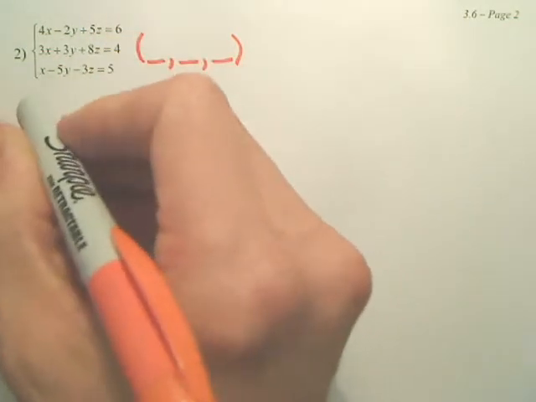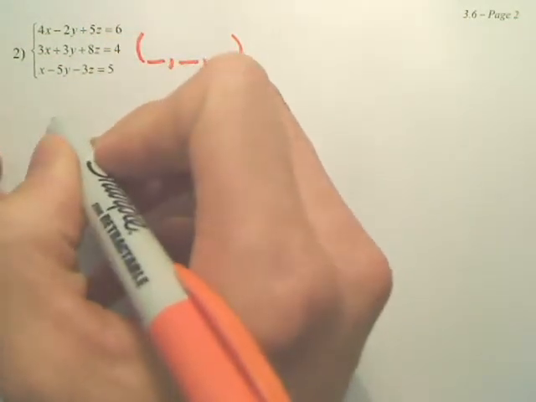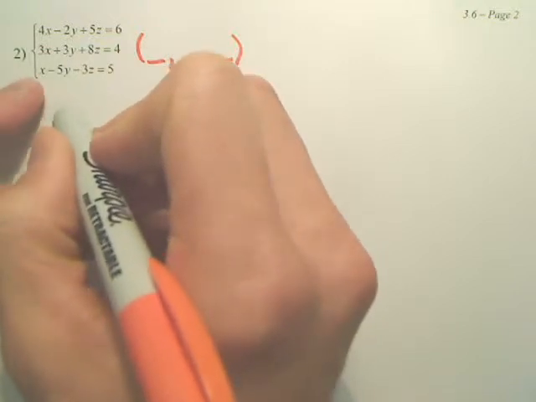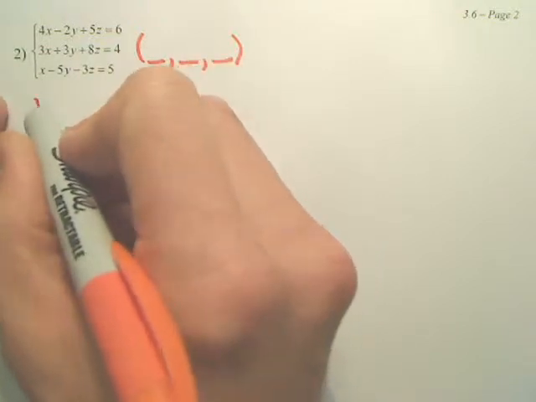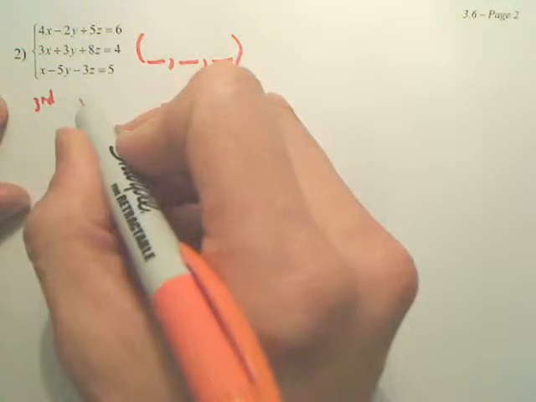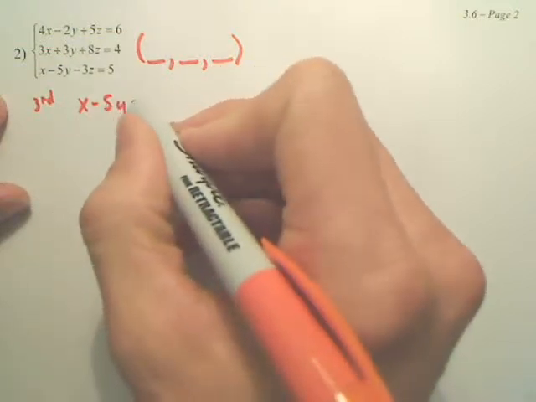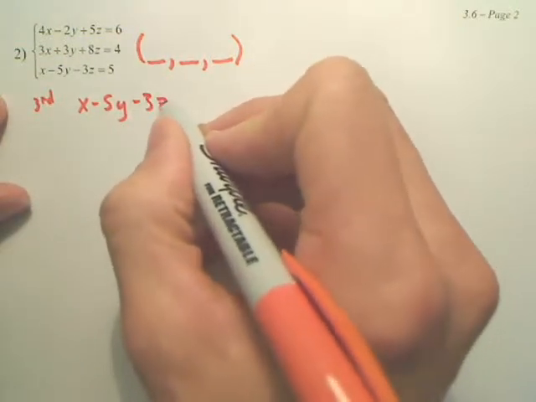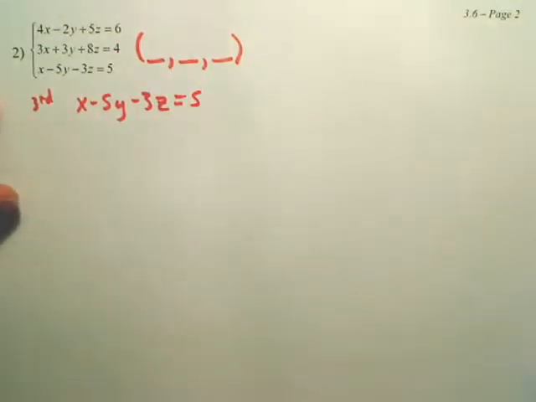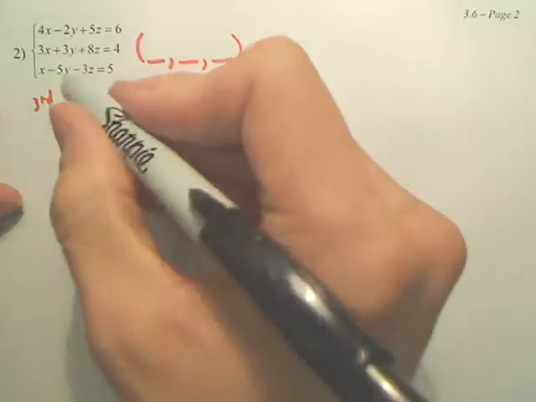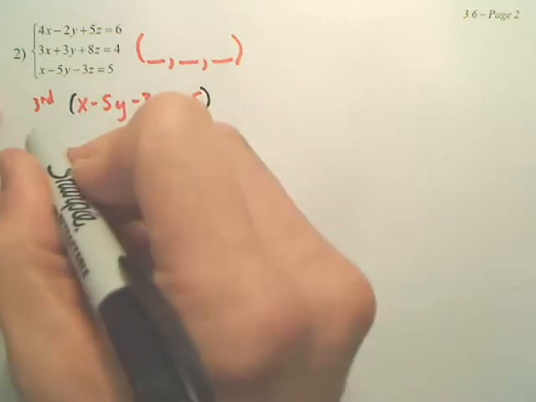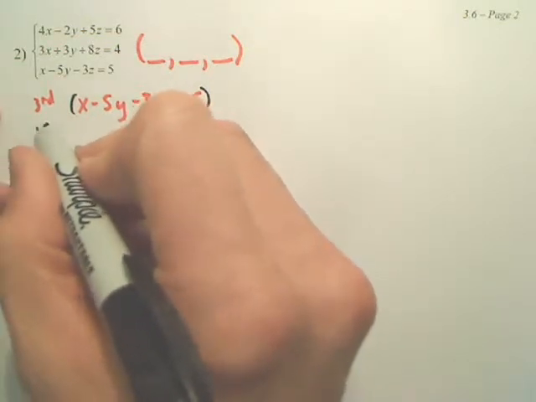So basically, in order to do this, first of all, we're going to take that third equation, and I'm going to multiply that third equation. Actually, let's do the first equation too.